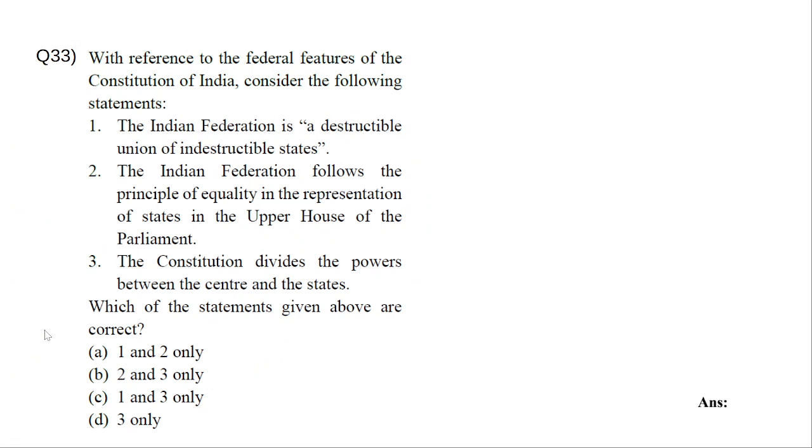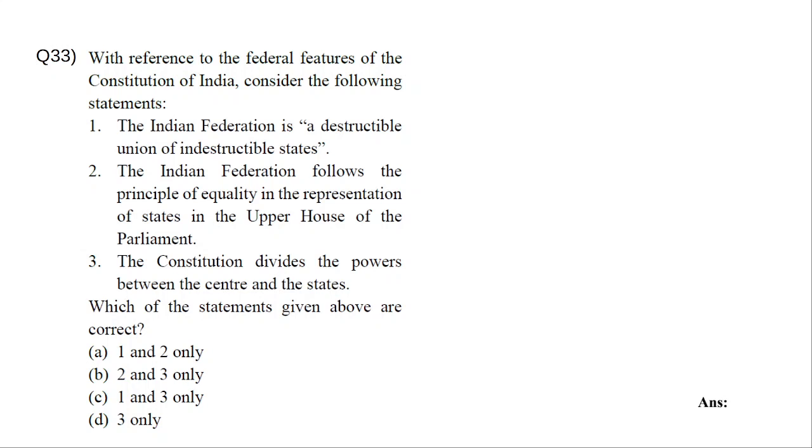So with reference to the federal structure, the federal features of the Constitution of India, consider the following statements. The Indian Federation is a destructible union of indestructible states. Now, if you look at the US federal structure, what they say is an indestructible union of indestructible states.